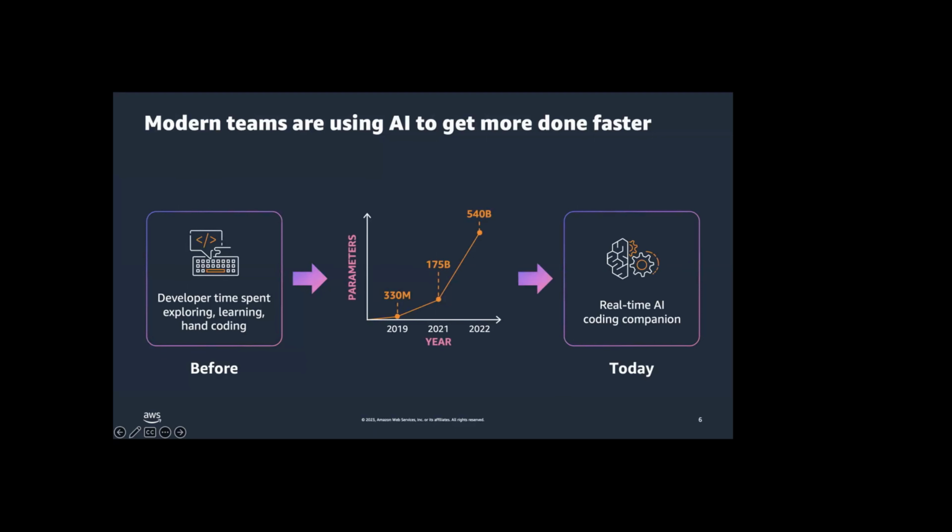So, the idea of modern teams using AI to get more done. As we have progressed in the software development world, it was becoming very, very time consuming for developers to spend the time to explore, learn, and hand code everything, because the amount of information, the amount of APIs, and the amount of programming knowledge necessary to become a programmer was increasing exponentially.